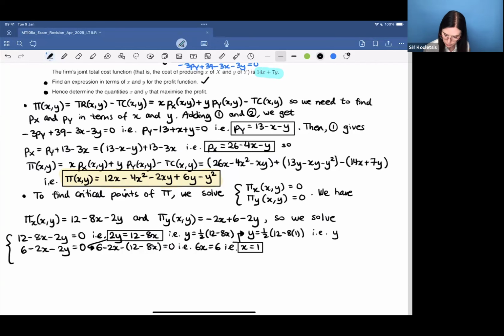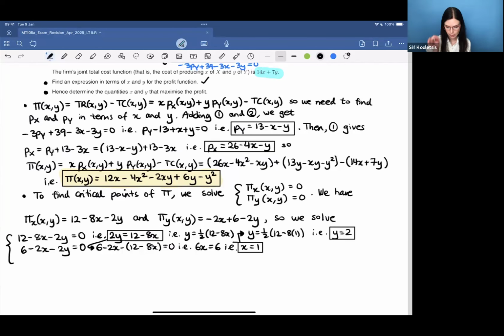So y equals 2. So this profit function only has one critical point, which happens when x equals 1 and y equals 2. But is it a maximum is the question.